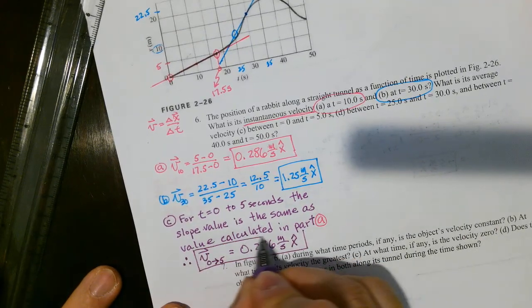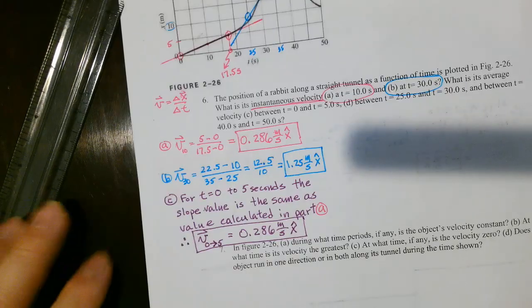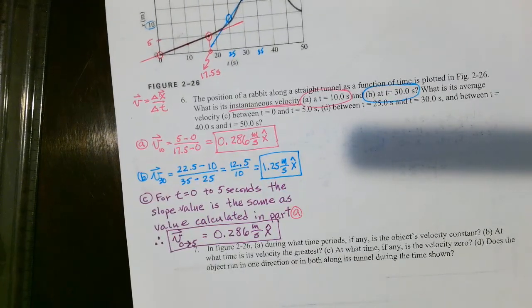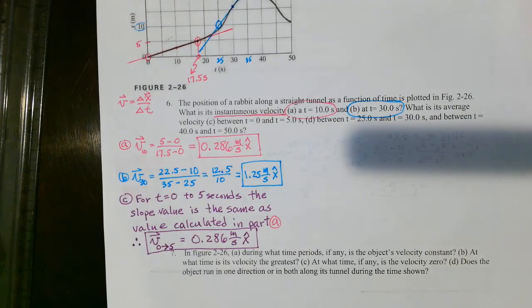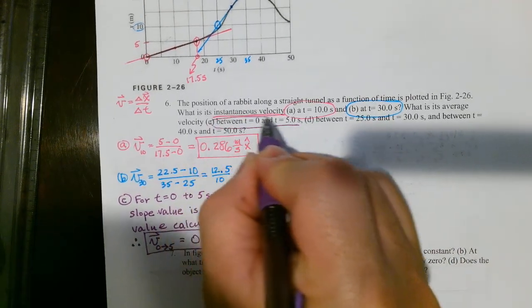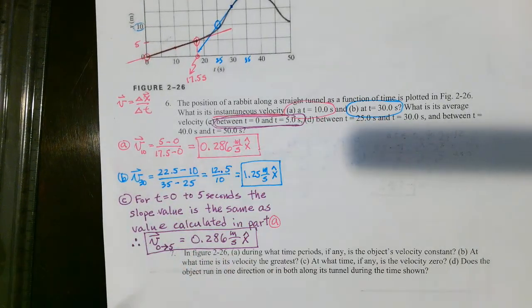Didn't even have to recalculate that. Okay? Are we okay so far? So for part C, all you have to do is find the slope between 0 to 5 seconds, and it's already done for us.